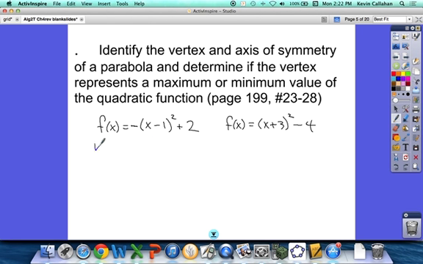The (h, k), the vertex, is (1, 2). What is the equation for the axis of symmetry? x equals 1. Does it have a maximum or a minimum? Because that's minus, that means that it opens down like that. So that point is the highest point on the graph. It's a maximum.